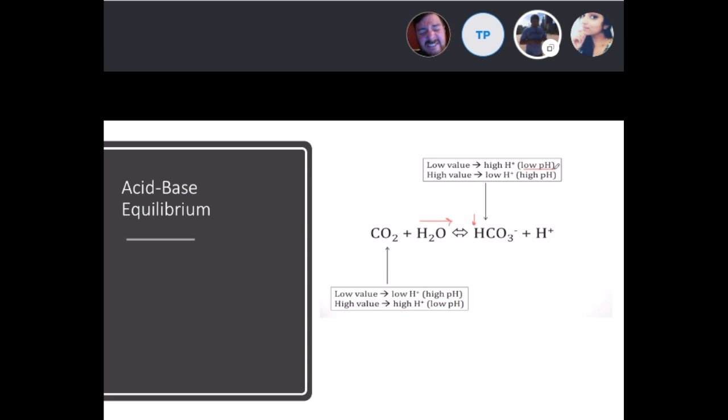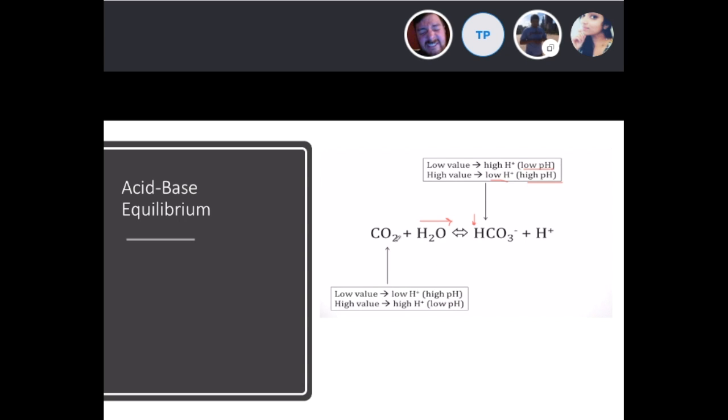That's why you're going to get a low pH value, and this is when you get an acidotic condition. And when you have a high bicarb, everything's going to try to shift left, and it's going to cause low amounts of hydrogen atoms, and that's why your pH is high. And that's the alkalotic condition.